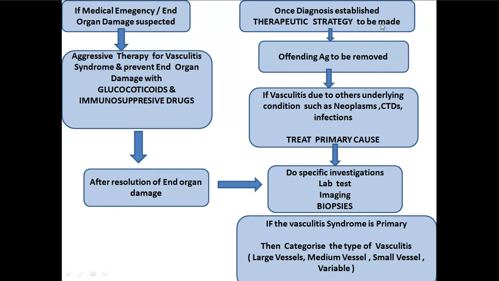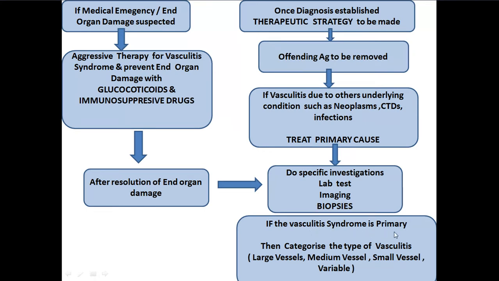Whereas in the other conditions where you are not suspecting end organ damage, you go for diagnostic tests and removal of the offending antigen. Once it is confirmed which antigen is causing the vasculitis, you can remove that. Or if the vasculitis is due to other underlying conditions such as neoplasms or autoimmune diseases, treat the primary cause. Specific investigations such as biopsies are also required.